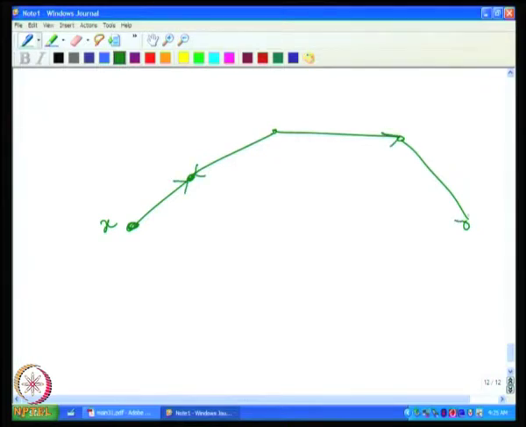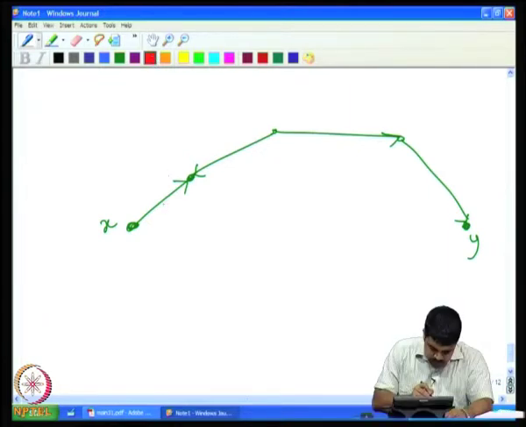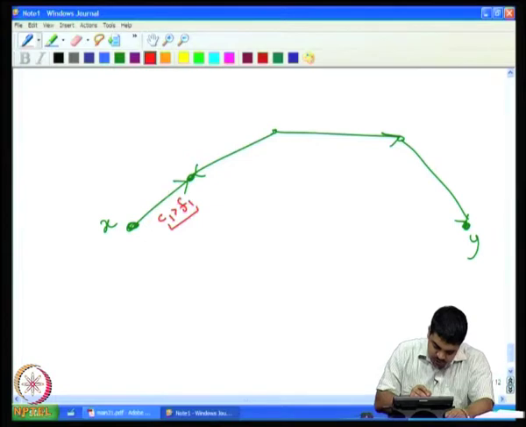This is a path from x to y, and it so happens that this arc has capacity C1, but the flow value is some F1 strictly less than C1, that means it is not full here.